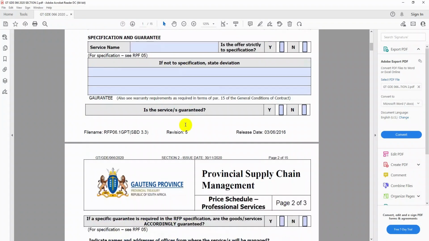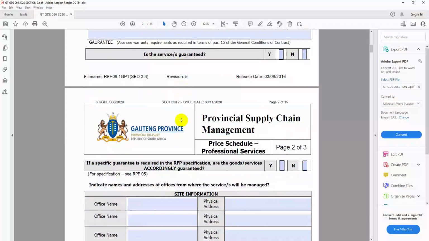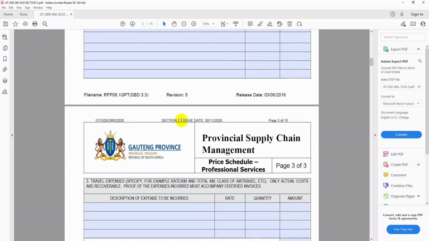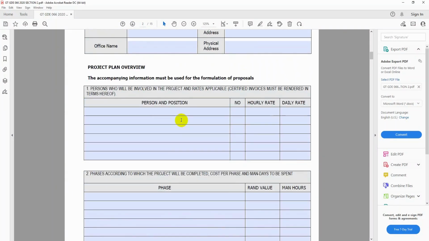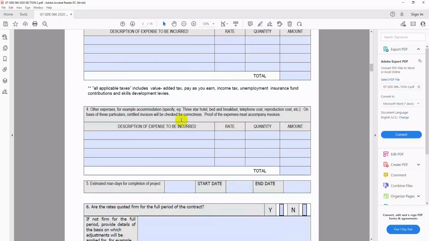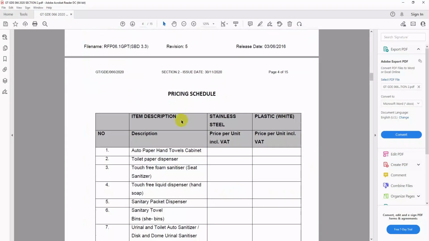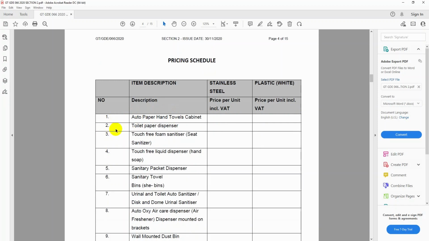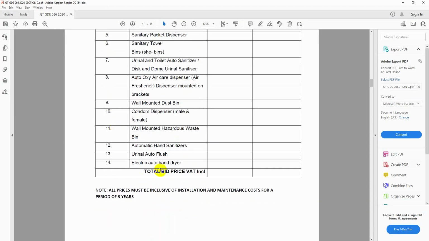So let's quickly go to look for this paragraph. Okay, here, the pricing schedule, page 4 of 15. So the pricing schedule here, these are the items, the description of the items, item 1 to 14.